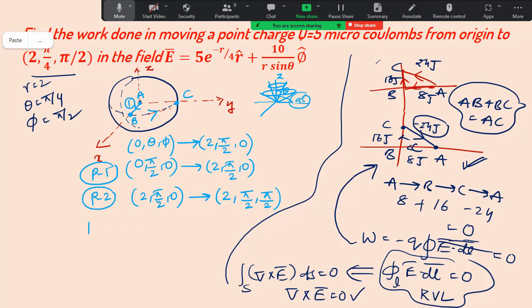Next, path 3. If you observe path 3, the last point is 2 comma pi by 4 comma pi by 2. To understand this, here I am taking this as z. If you are here, theta is 0. Theta is measured from the positive z axis. For example, if you take theta as pi by 4, 45 degrees, this right circular cone has angle pi by 4.